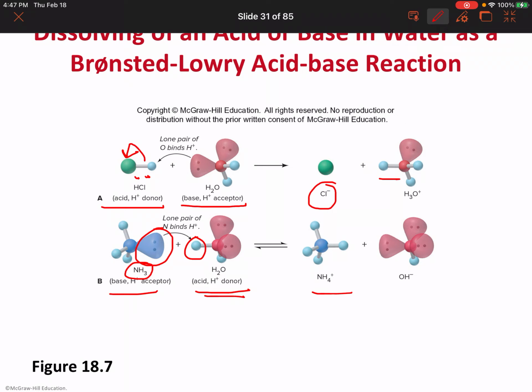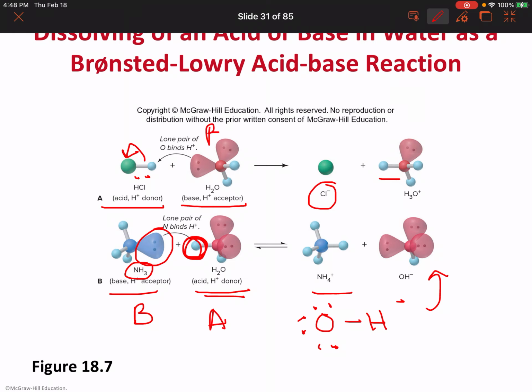So now it lost one hydrogen here. So it ended up having only one oxygen and one hydrogen, and with 3 lone pairs, hydroxide OH minus. So that's your hydroxide group. Ammonia is the base here, and the water is the acid.